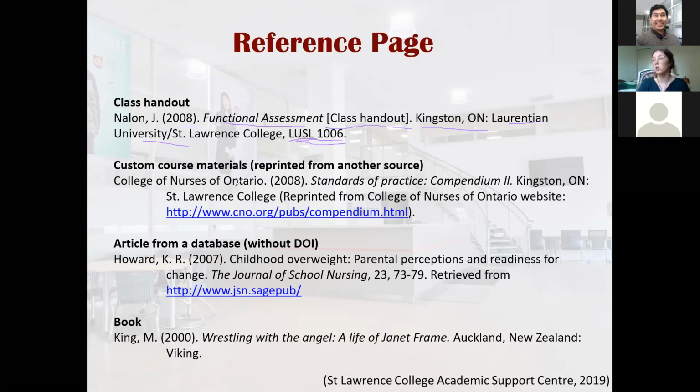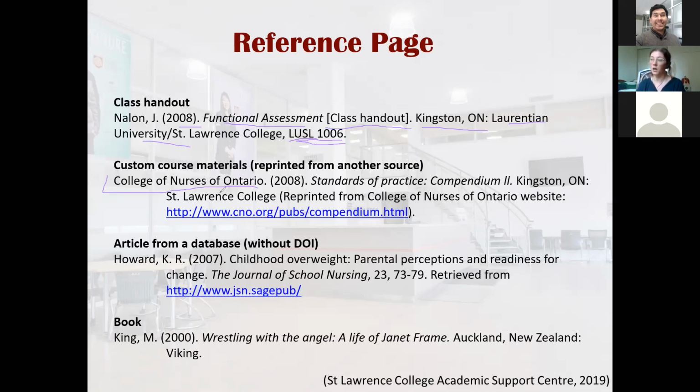Custom course materials. A lot of you guys receive course workbooks for your class. That would be this situation, okay? So for custom course materials, especially if it's reprinted from another source, we're going to include, for the author, the source that it was printed from, okay? So you want to include who wrote the original course material.